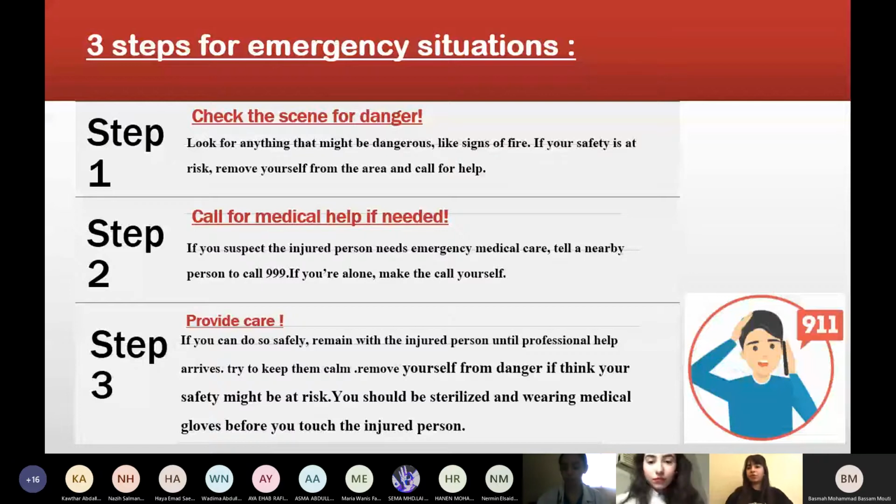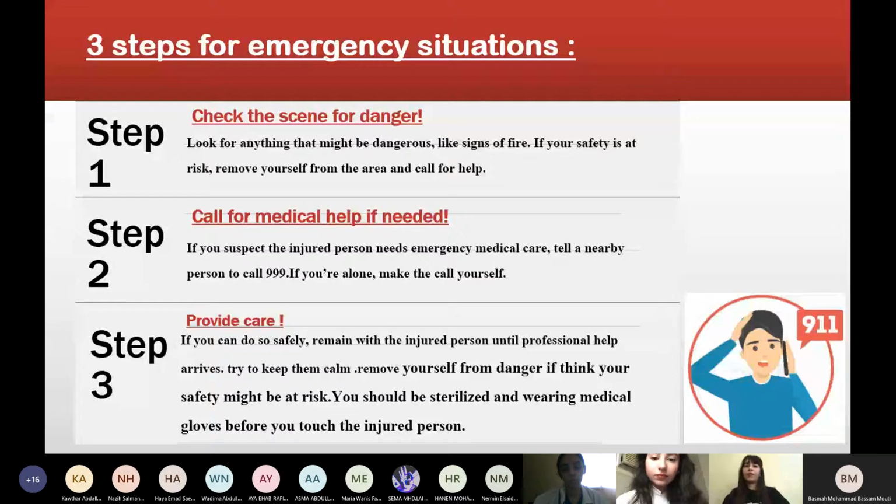If you see an injured person or sick person, you should go comfort them. Then tell someone nearby to call an ambulance or an operator. If you are on your own, you should call by yourself. Okay. Step 3, provide care.